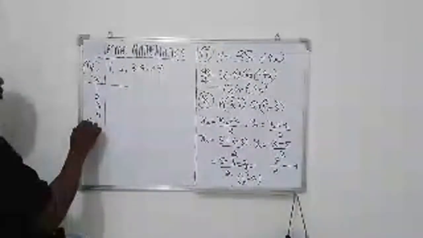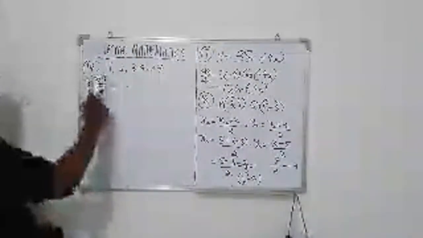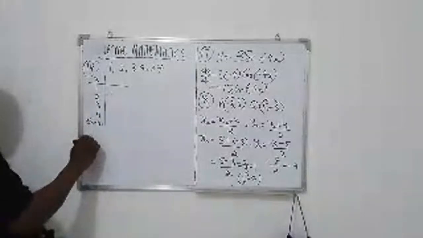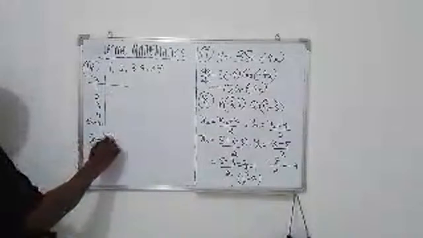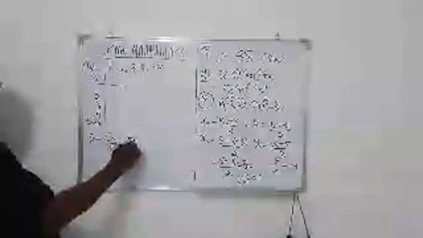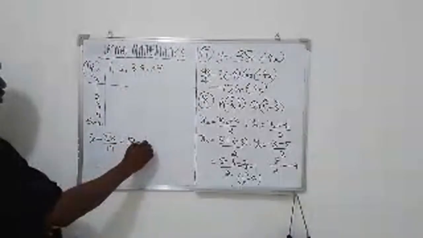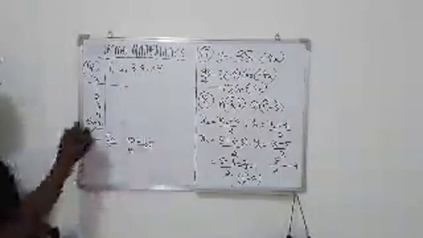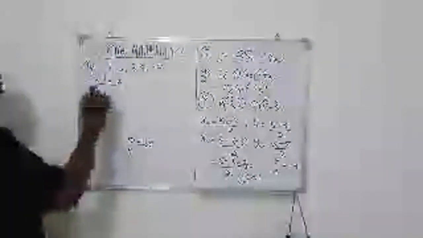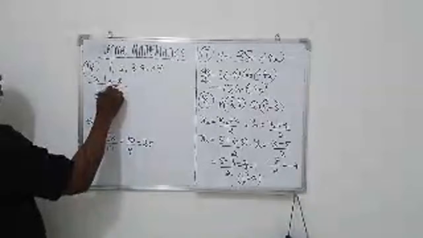And we know that summation x will be 3, 6, 10. And your mean is summation x over n, and this is 10 over 4. This is 2.5 naturally.